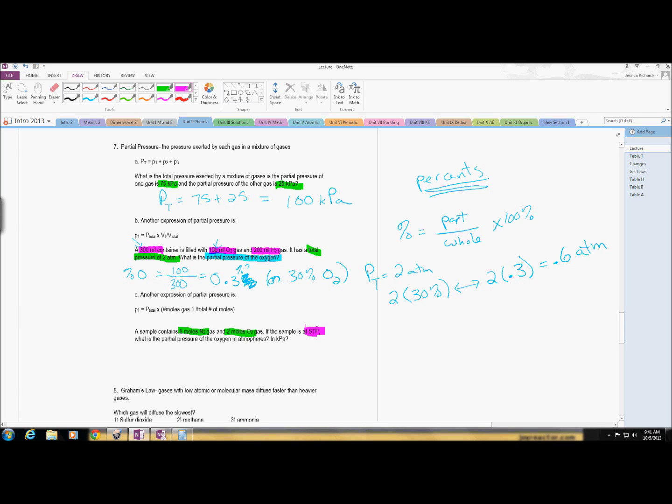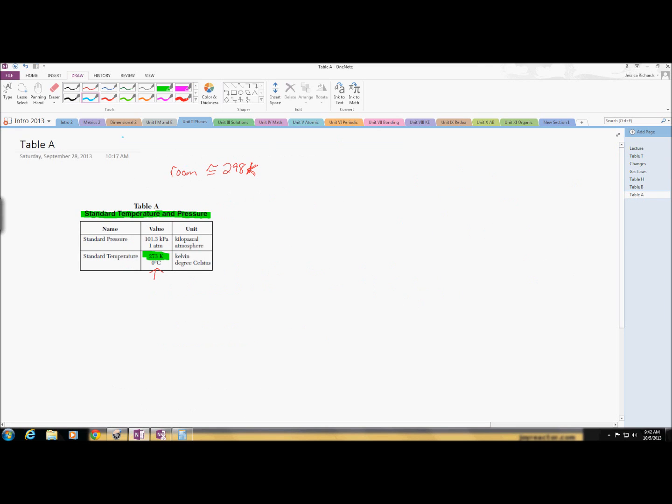Remember, STP stands for standard temperature and pressure. They want to know the partial pressure of the oxygen in atmospheres and in kPa. So our first step might be to figure out what is the original total pressure in atmospheres and in kPa. So STP on table A. STP, here's our pressures, 101.3 kPa, 1 atmosphere.